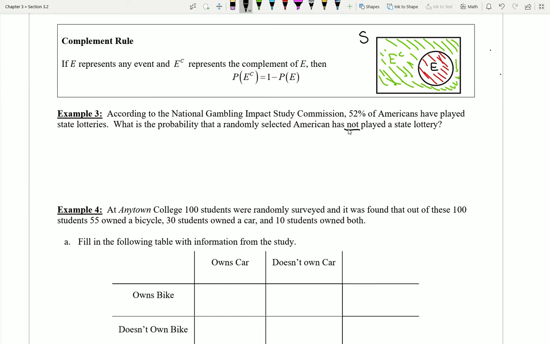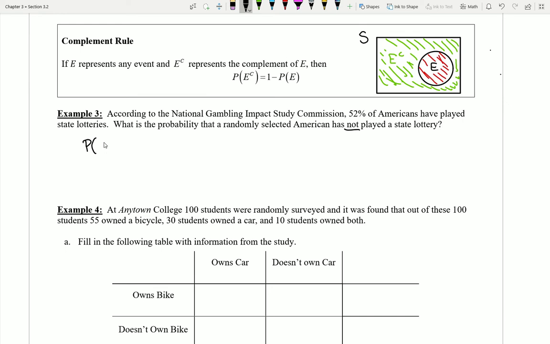Okay, you may have already come up with the answer. This is really easy. If 52% of people have played the lotto, then 48% have not. You have to pick a number that makes it so there's 100% total. Now, if you wanted to write this out in a bit more detail, you could say something like this.